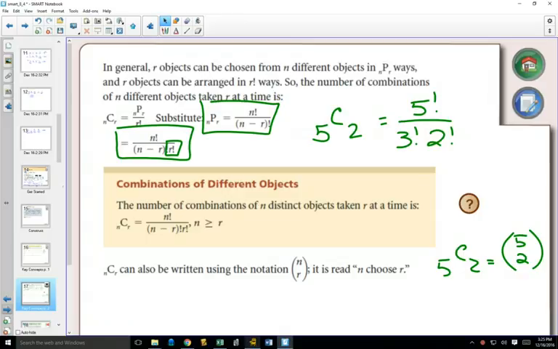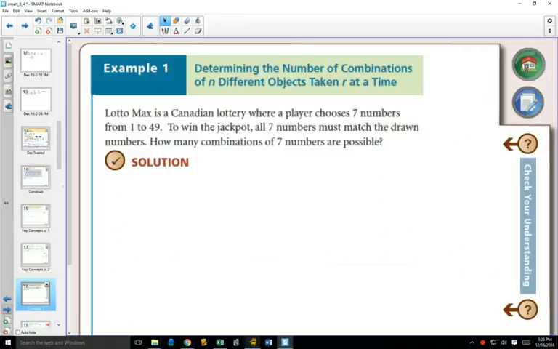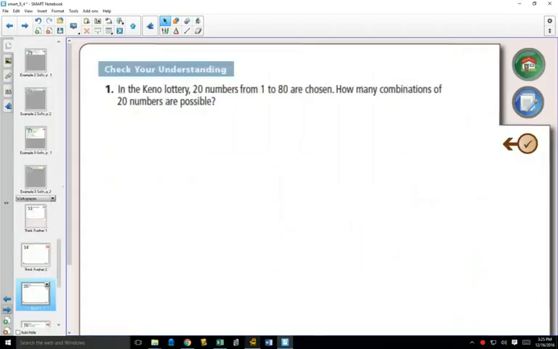So let's look at example 1. Have you heard of Keno Lottery? No, probably not. We'll do this one and we'll do Lotto 6/49. In Keno Lottery, you're choosing 20 numbers from 80.